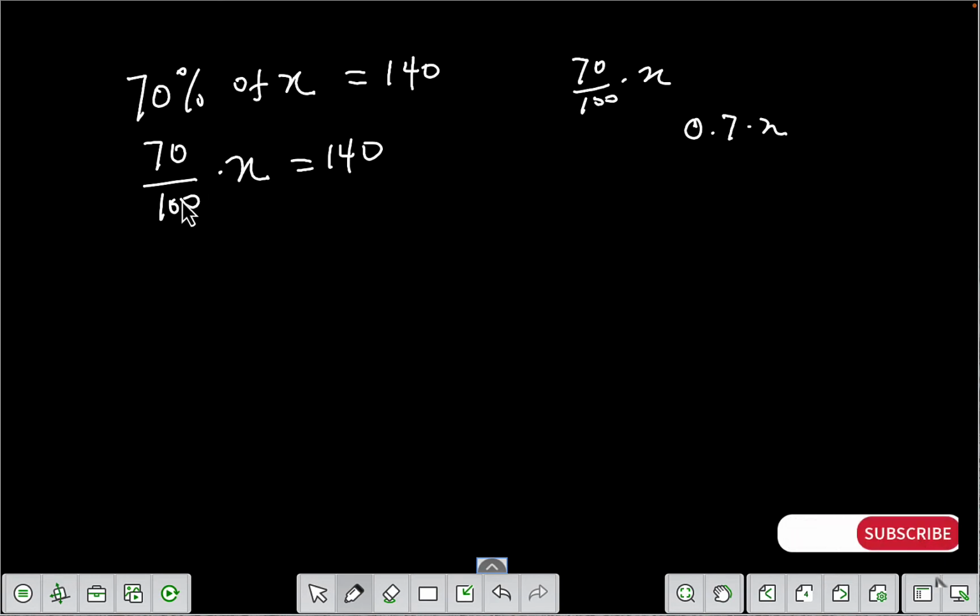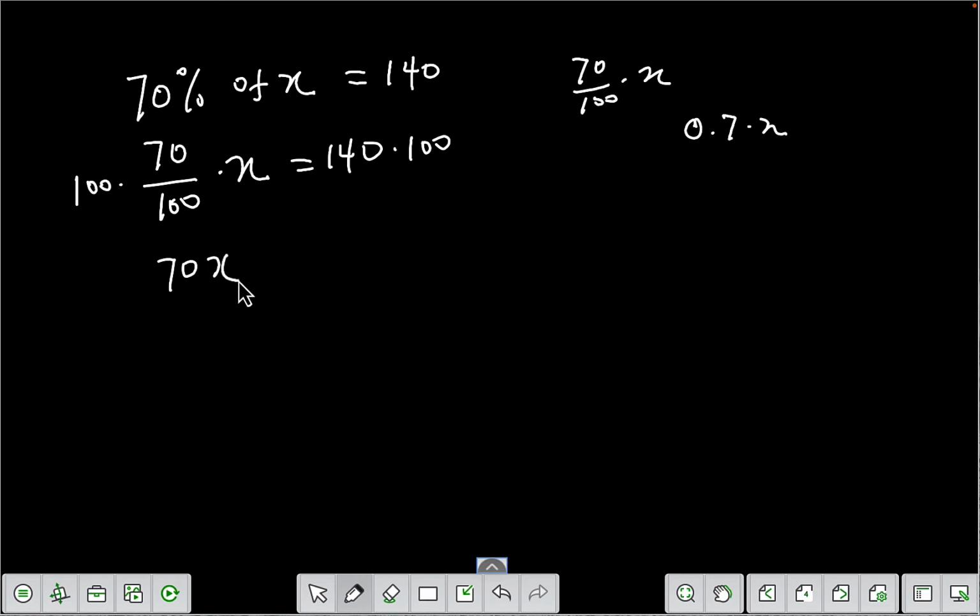Now our multiplication rule of equality, we multiply by 100, we multiply this term also by 100. This gives me 70x equals 140, so 14,000. Division property of equality, so we divide by 70, we divide by 70.